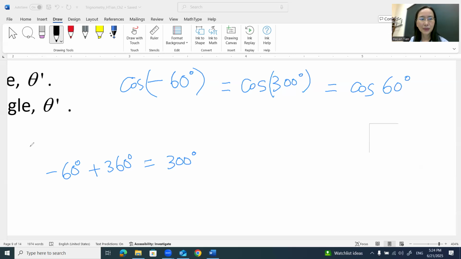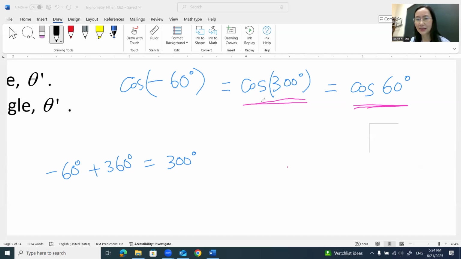But we cannot just use cosine 60, right? Cosine 60 and cosine 300 differ at most by a sign. We know cosine 60 is always positive since 60 is acute. But cosine 300 is non-acute. 300 degrees is non-acute. It is in the fourth quadrant. The cosine in the fourth quadrant should be positive.